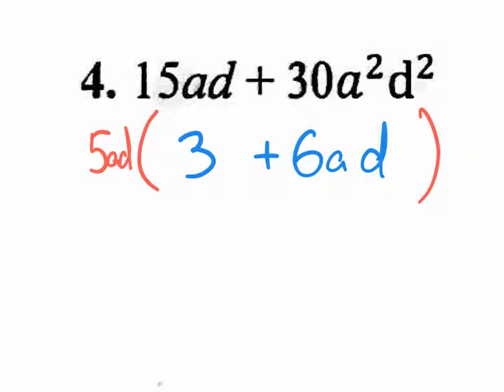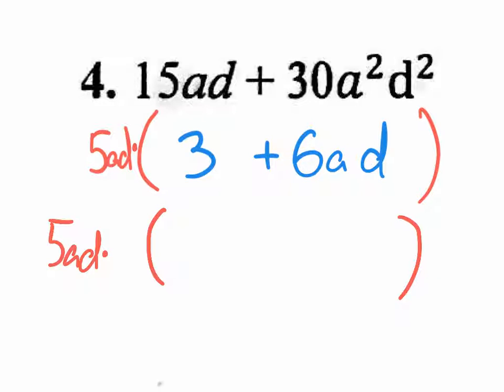Now, if you have your answer there, and you notice that on the inside of the parentheses, you could still factor more. There's a 3 right here and a 6 right here. So you could actually pull out what? A 3. So let me do this, just so we could see what's going on. The 5AD, there was multiplication up here. I'm going to put multiplication, but I'm going to move it to the left side just to make some space.